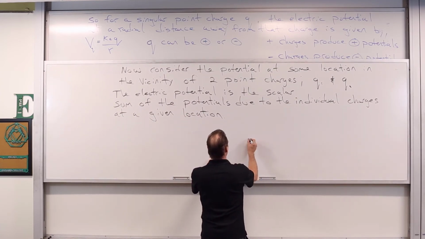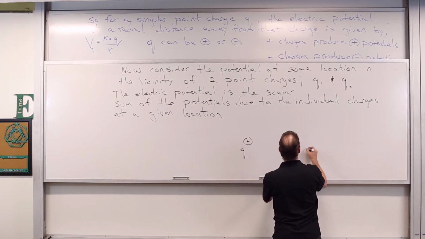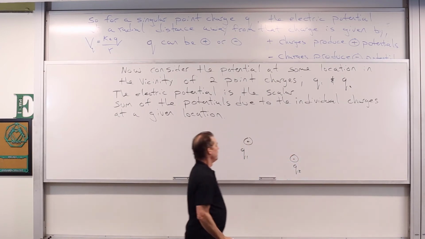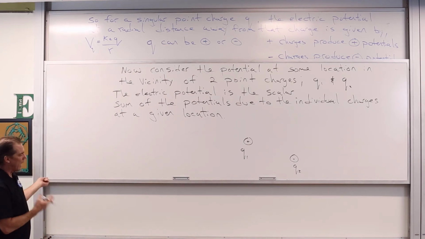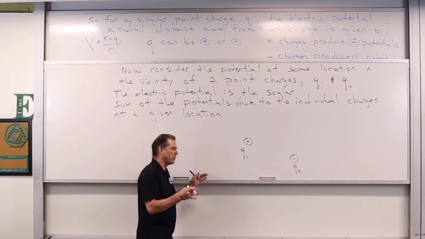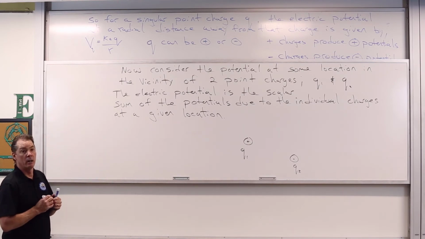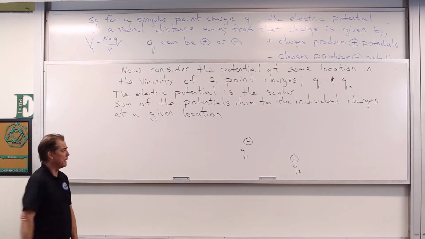So we can take some Q1 and some Q2. If we wanted, we could draw on the electric field, but we already know if these are equal and opposite charges, it's just a nice symmetric dipole. If one charge has more than the other, then it's kind of a shifted or squished-to-one-side dipole. Not really worried about the electric field now. We're worried about what the potential is at a given location in space.